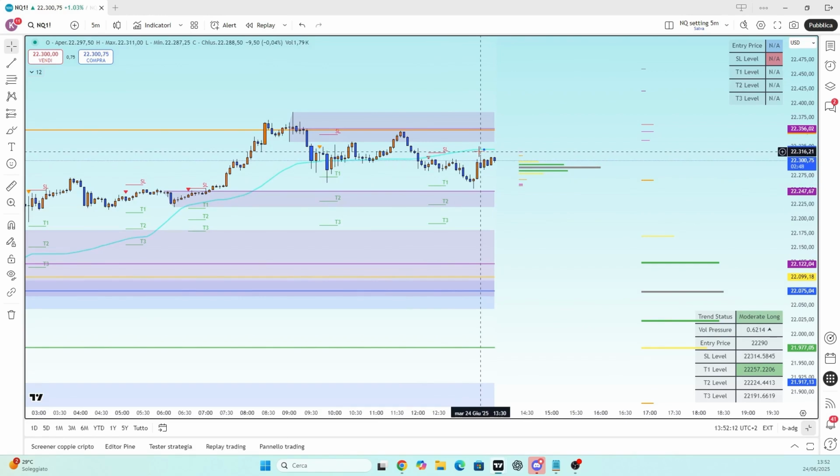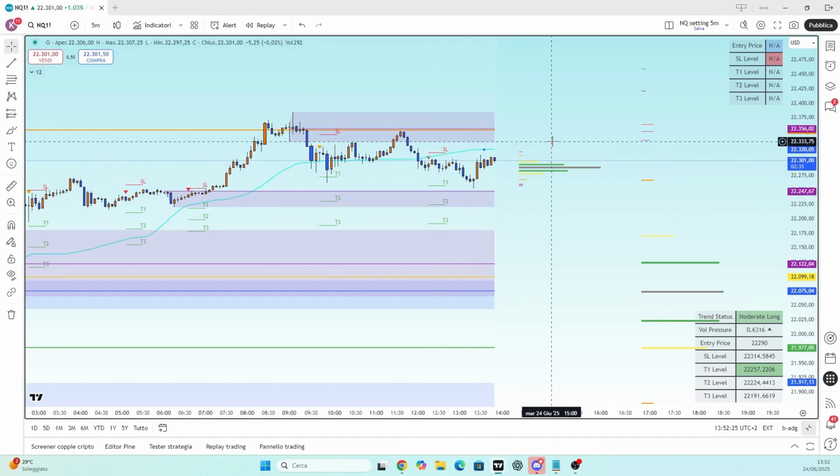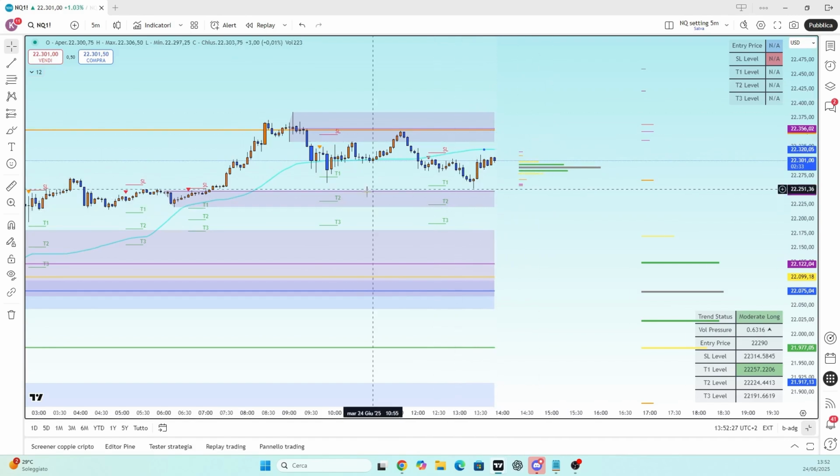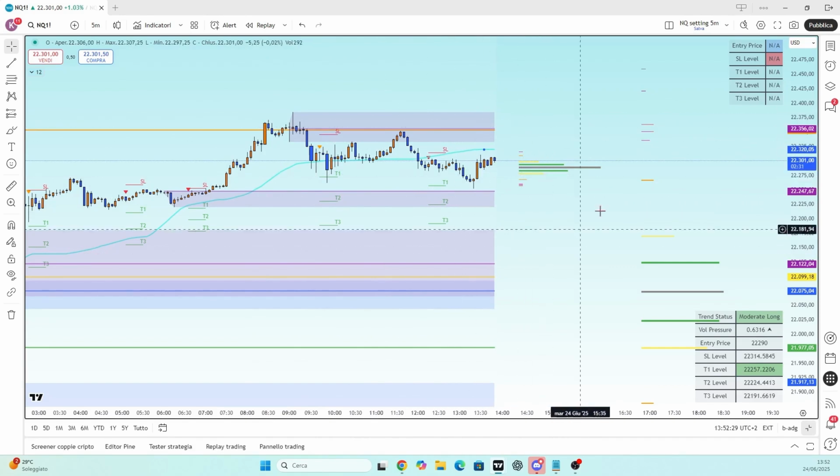Basically, those are 22,270, 22,300, 22,295, so about 20-25 points that you could have easily taken home in complete peace of mind, even before the market opened. And so even during the session, basically in the sideways phases, we can take advantage of it.